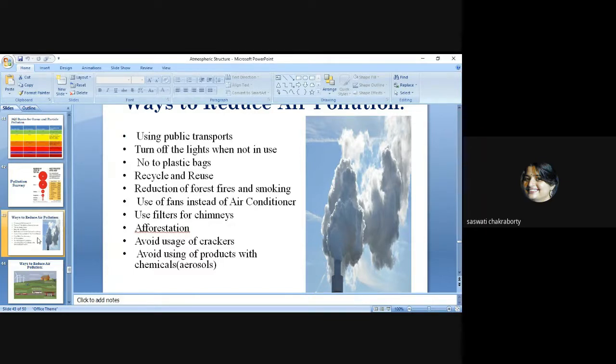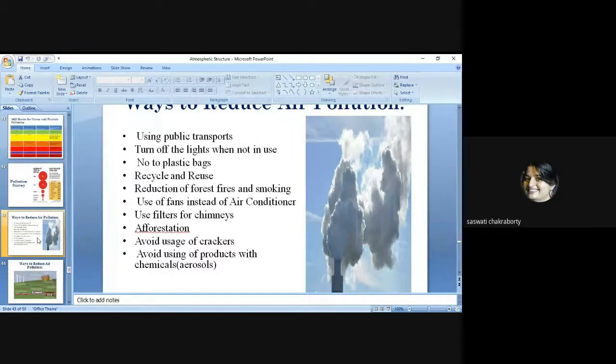Previously we were using CFLs, and now CFLs are being replaced by more updated things, which actually prevent the release of hydrocarbons. So turning off the lights when not in use has two effects. One direct effect is the release of lesser toxic hydrocarbons, and secondly, less consumption of energy. Okay.